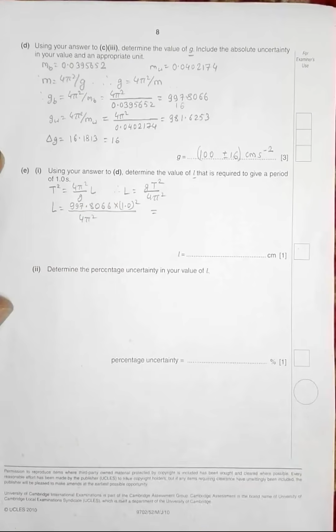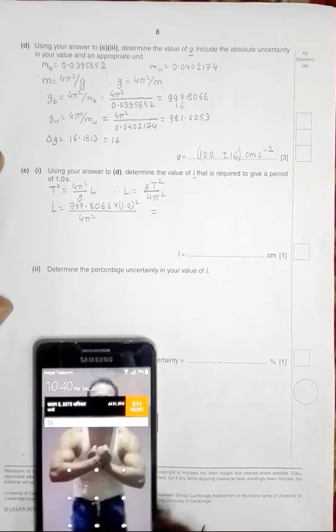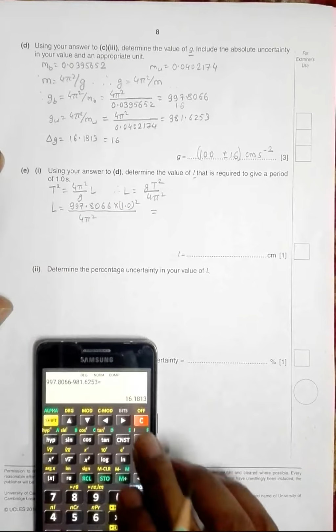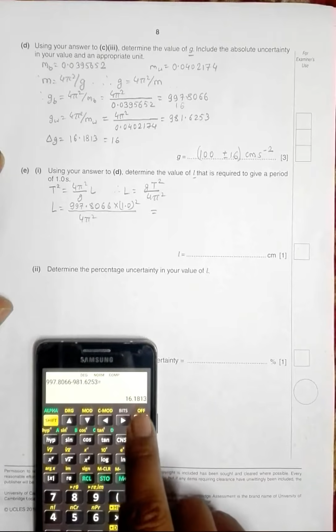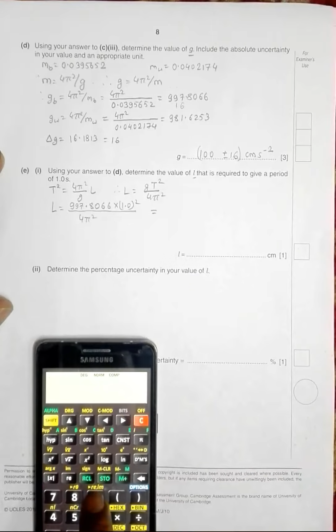So let's calculate the value. 997.8066 into 1.0 square, of course 1, divided by 4, divided by pi square.